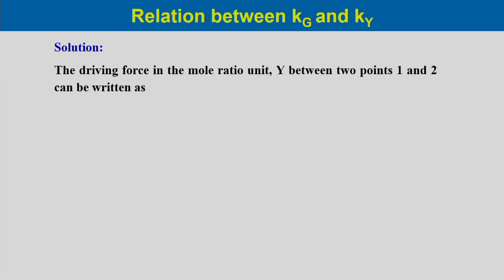So, now we will find out the driving force in case of mole ratio unit, that is capital Y, between the 2 points 1 and 2. We can write capital Ya1 minus capital Ya2 would be equal to Pa1 by Pt minus Pa1 minus Pa2 divided by Pt minus Pa2.